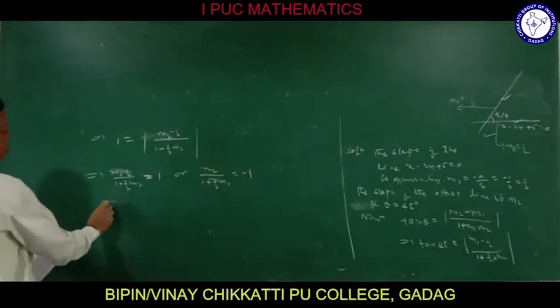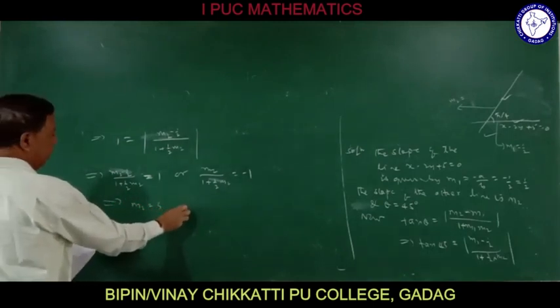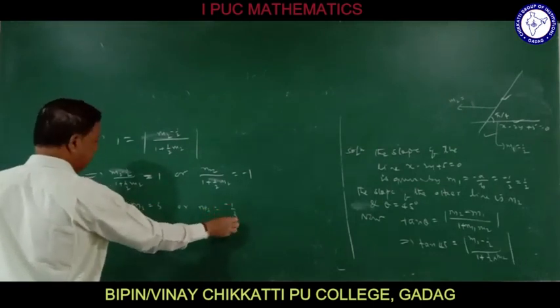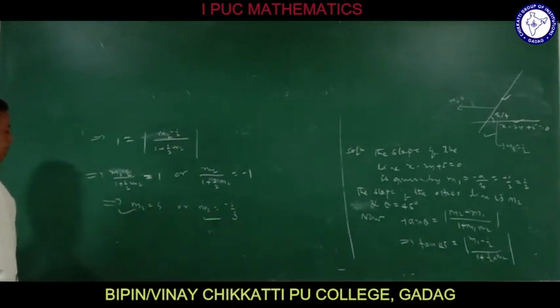Simplifying, you will see that m2 is equal to 3, or m2 is equal to minus 1 upon 3. Both slopes are right.